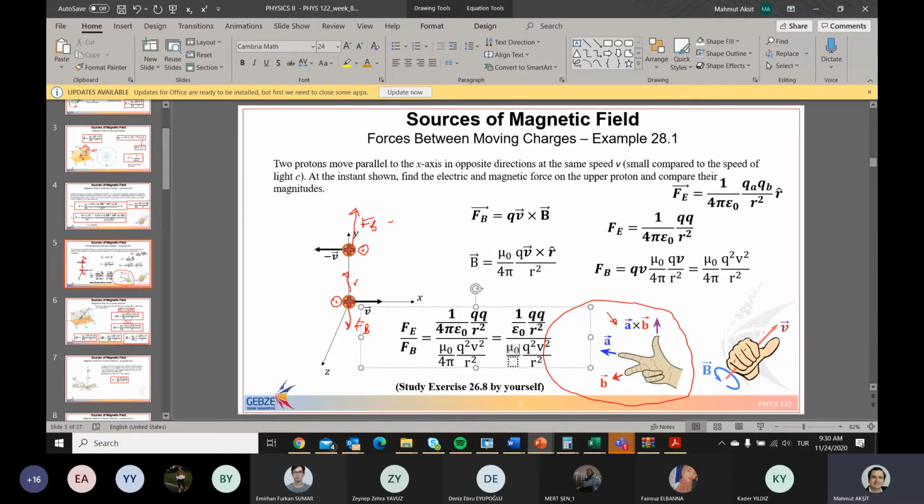Q squares cancel out. R squares cancel out.